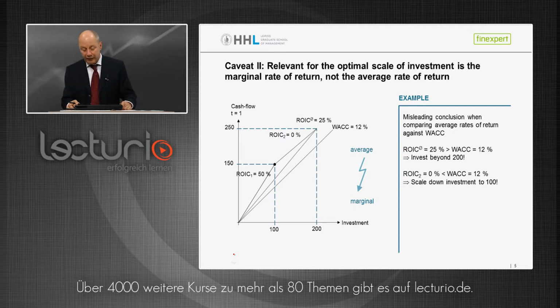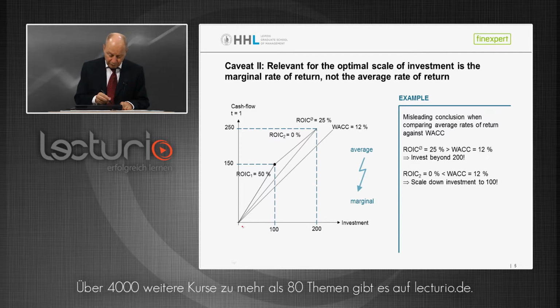And if we want to answer the question on whether it pays to retain a bit more money and buy a bit more of new assets, then we would need to know the marginal rate of return on the last, marginal unit of our invested capital. And here is a simple example that tries to highlight this argument, why it might be dangerous and flawed to use the average rate of return.